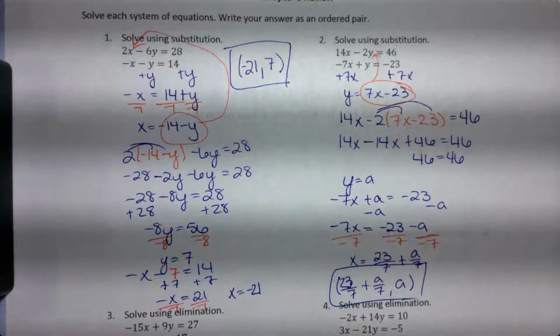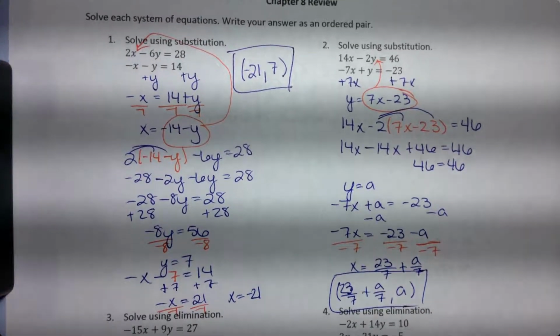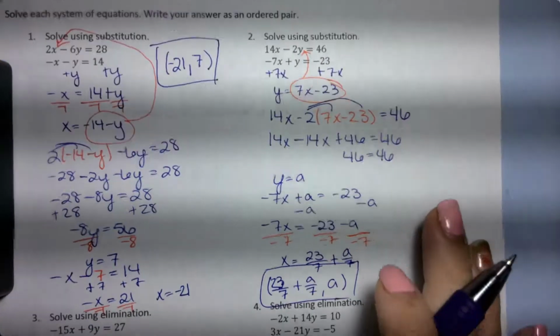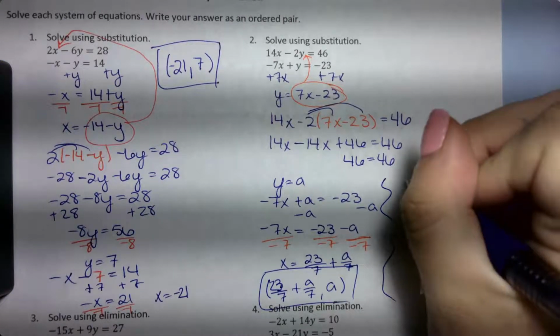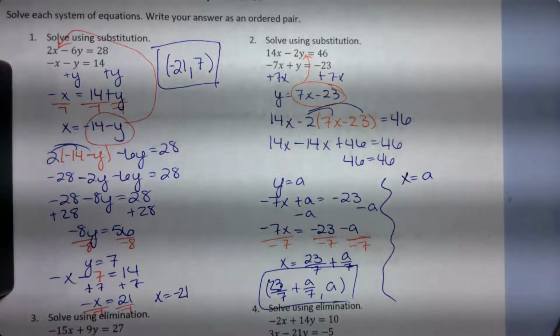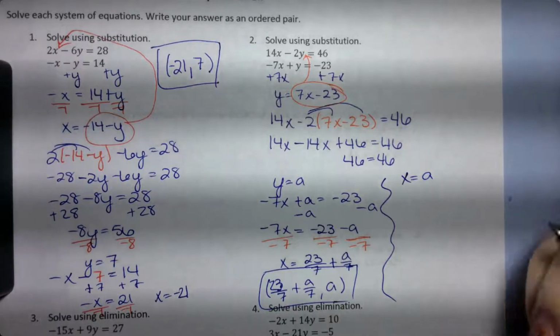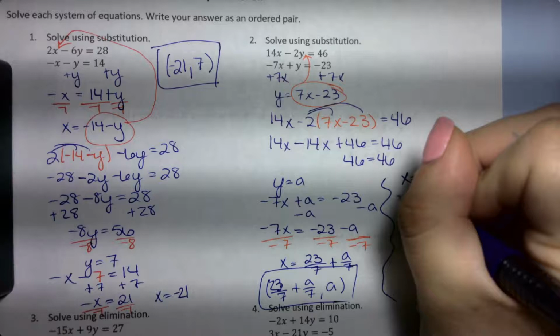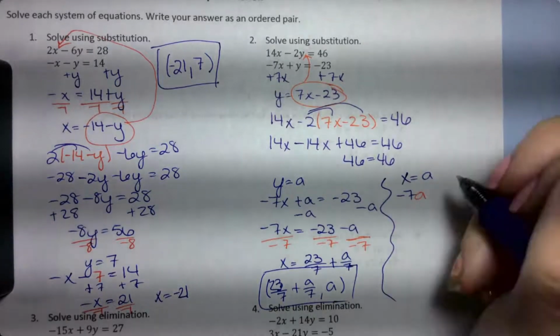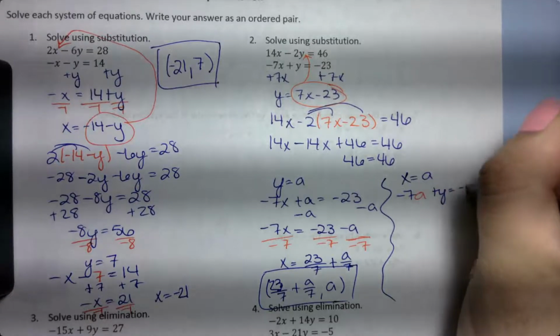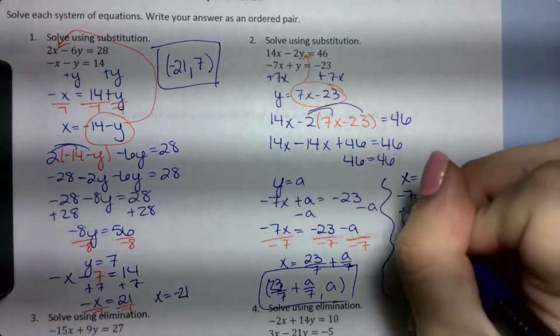I could have also chosen to solve this for x equaling a. Both of these will get me points on the test. I'm just going to solve both methods since this is a review so you can see. If I start off with x equaling a, then I have negative 7 times a plus y equals negative 23. I want to add that 7a to both sides.